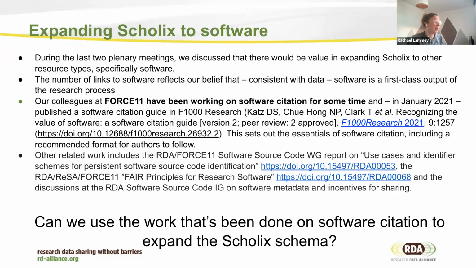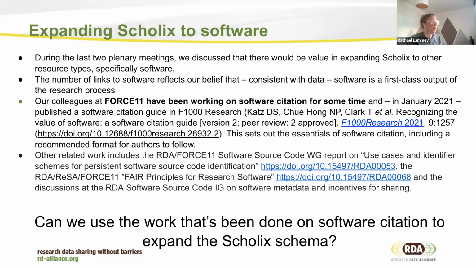He's been doing some really good work with lots of different groups, and specifically FORCE11, to further conversations about that. And Neil also flagged up work from the software source code working group, again on use cases and identifier schemes for persistent software code identification.